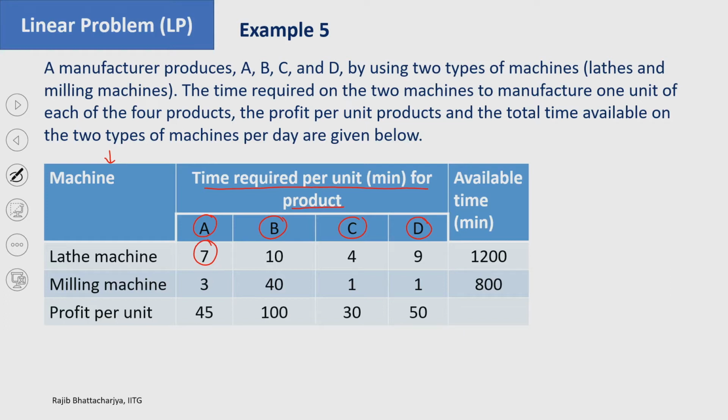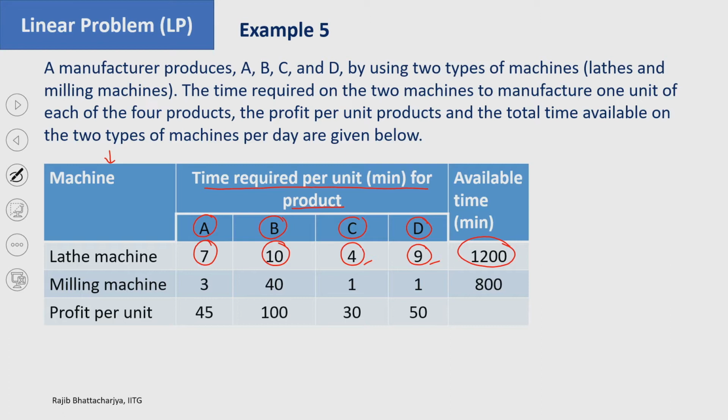For product B it will be 10 minutes, then product C 4 minutes and product D 9 minutes. Now, the total available time: the lathe machine is available for 1200 minutes.